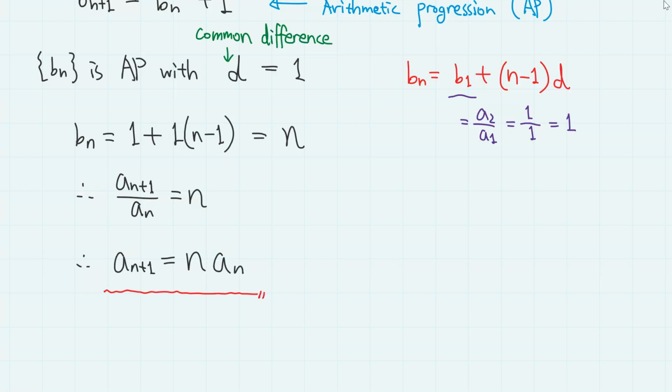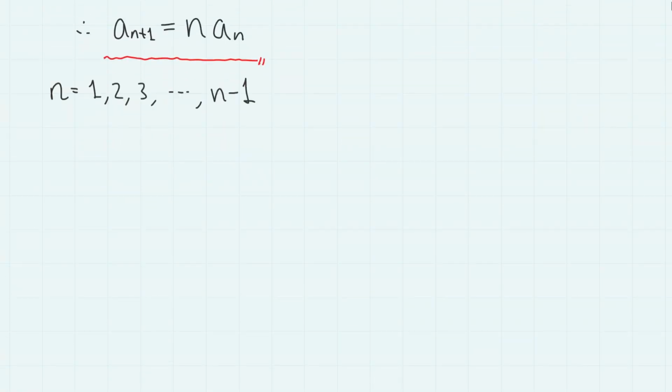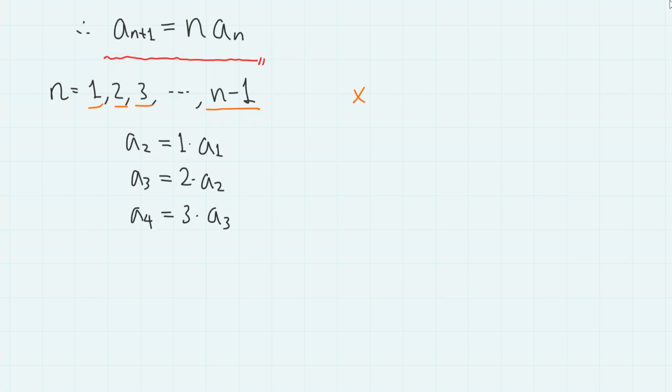And I have already covered this type of recurrence relation in my previous recurrence relation video. This is the type where you have to substitute n with 1, 2, 3 all the way up to n minus 1 and multiply them all. That is, first we have a_2 equals 1 times a_1, then a_3 equals 2 times a_2, a_4 equals 3 times a_3, and so on, and a_n equals (n minus 1) times a_{n-1}.